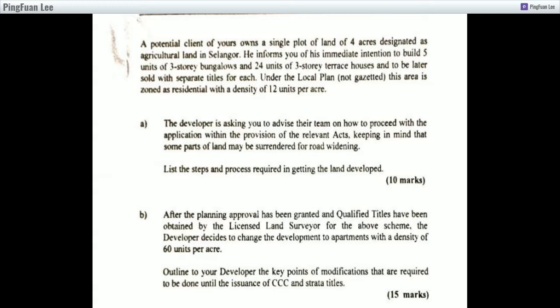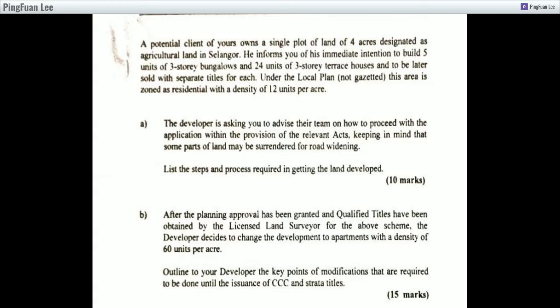But QT for what? QT for the individual units? QT for the individual unit. Yeah, because Chichen is saying he thinks it's up until QT. What I think is until Form B. Going to develop can be developed anytime.